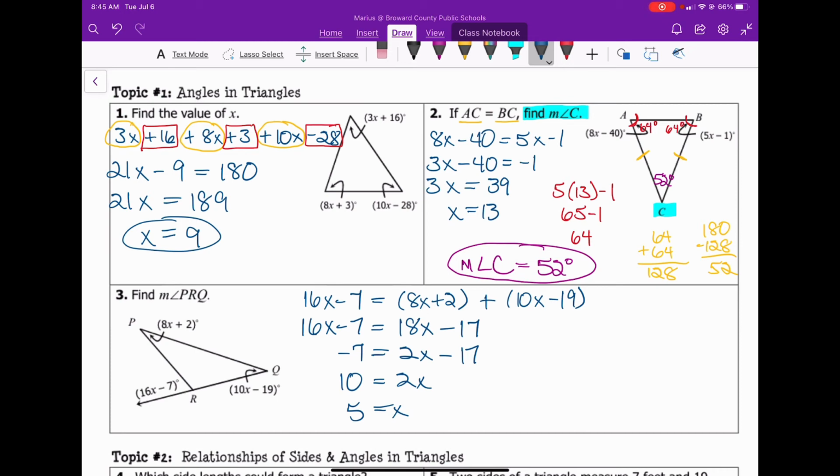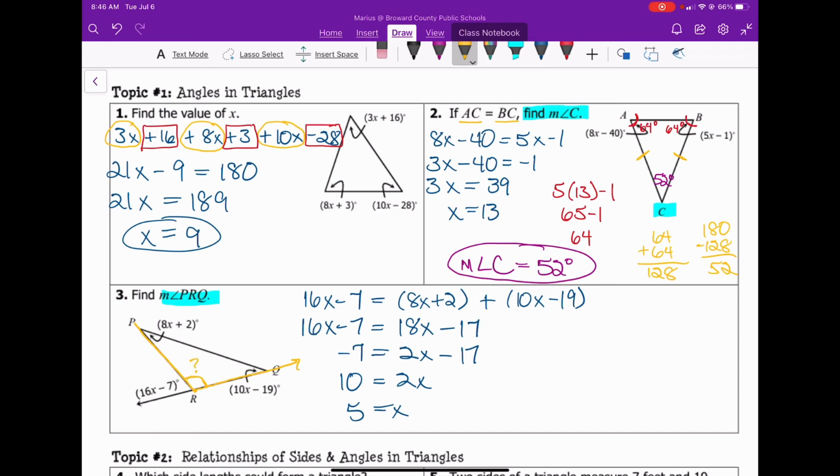Now that we've solved for x, we still have to answer the question. They want us to find the measure of angle PRQ. To figure that out, you should draw and connect the letters. So we got to start at P, go to R, and then go to Q, going that way. So they want us to find this angle here. Okay.